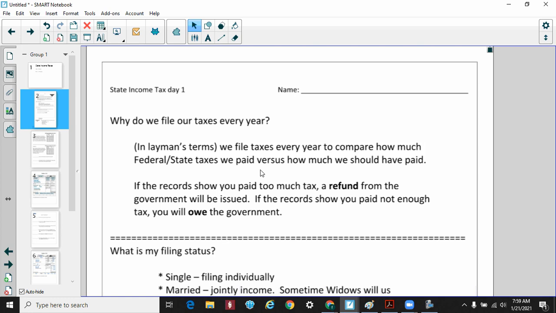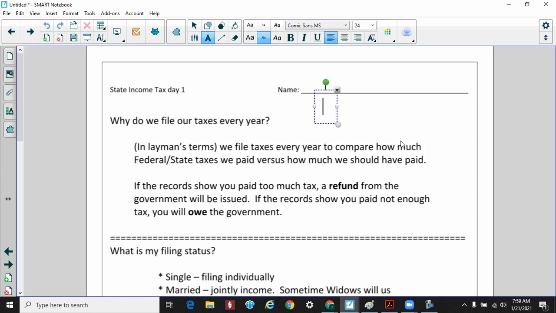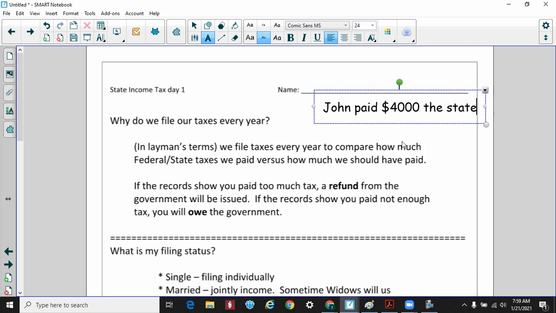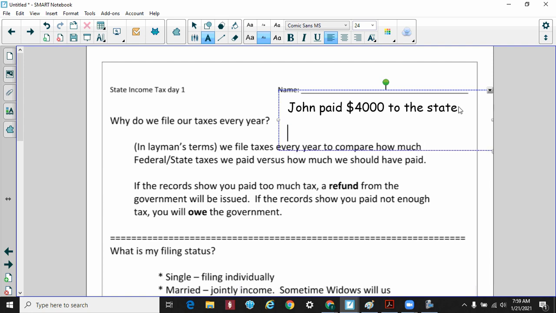It's to basically compare how much we have paid throughout the year versus how much the state says we should have paid. So, if you look at your W-2, let's say John paid, I'm just making some numbers up, $5,000 to the state, and then Georgia said, "Hey, John should have paid 4,500." So obviously John's going to have to owe.